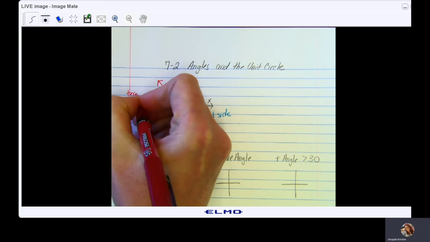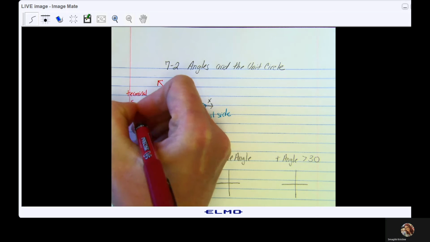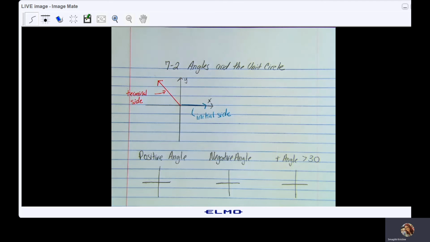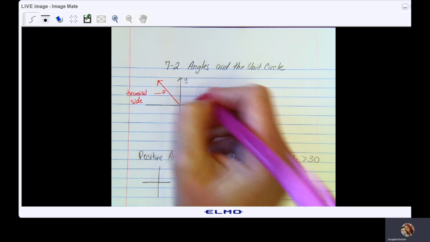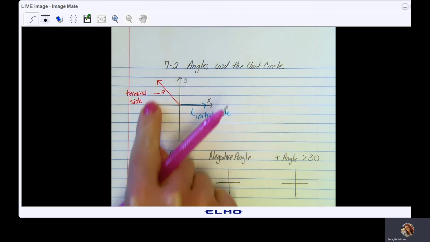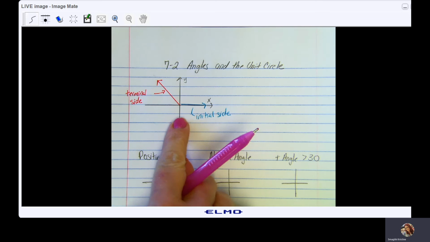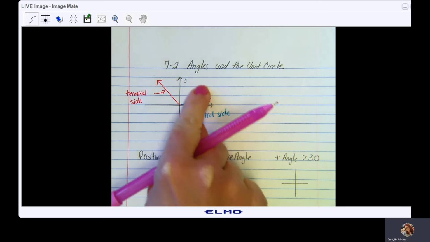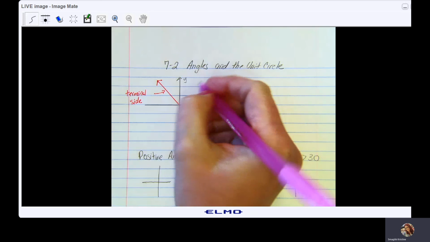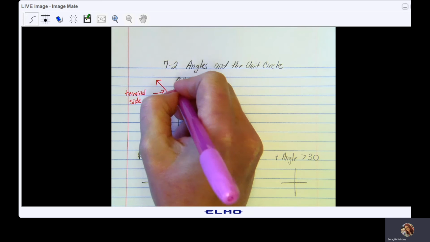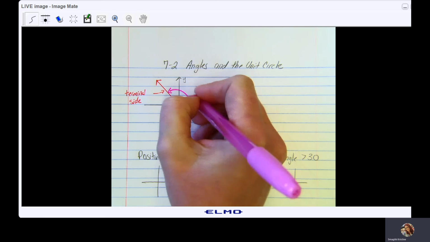And this is the terminal side. Our angle theta then, again, when we move on the coordinate plane, when we do angles, positive, we go counterclockwise. So here we go. This will be my angle theta.